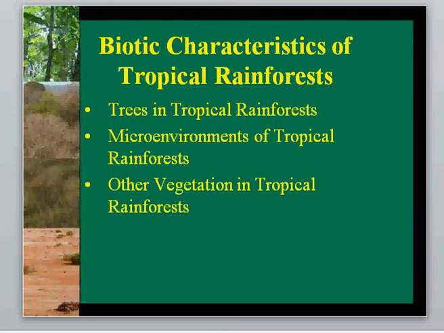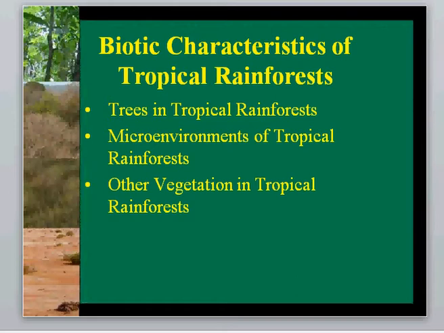And we're going to take a look at how those trees modify the microclimates of these tropical rainforests. So we're going to take a look at how these biotic characteristics of trees modify the micro-abiotic characteristics. And that's a bit of a lead in to other vegetation in tropical rainforests.